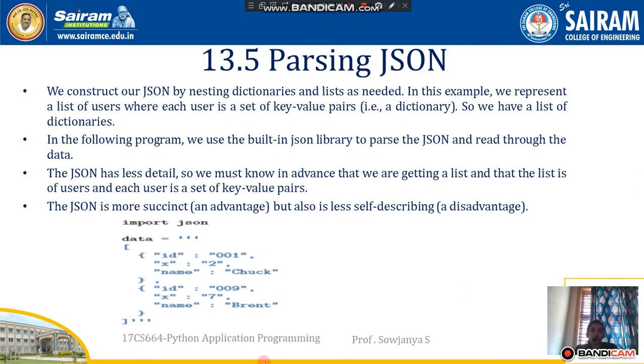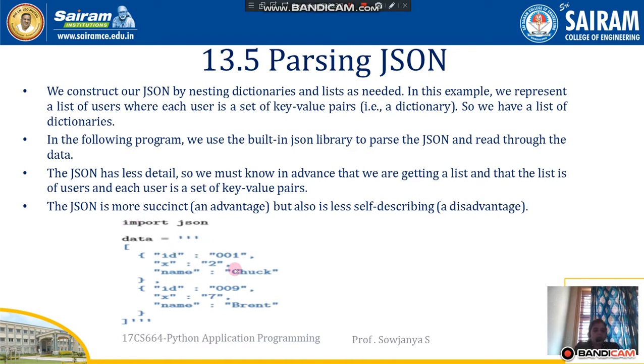In the following program, we use the built-in JSON library. Make sure you import the JSON library to parse the JSON and read through the data. Now you are reading the data, and the triple quotes represent the string.